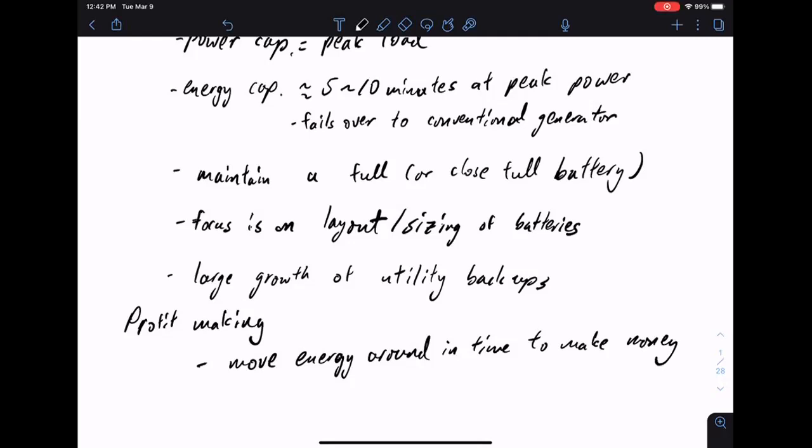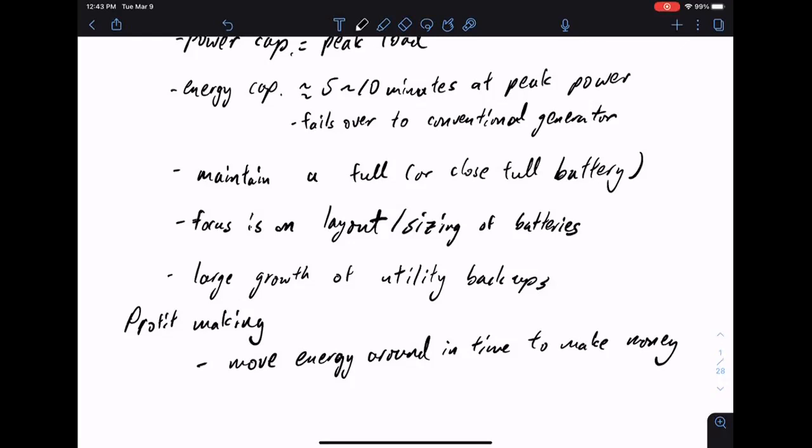So when you try to make profit, you buy a battery, and your goal is not necessarily to provide a backup for any application. You're not a utility, you're not a data center. Your goal is just to say, okay, I want to invest in a battery, can I make money out of this thing?